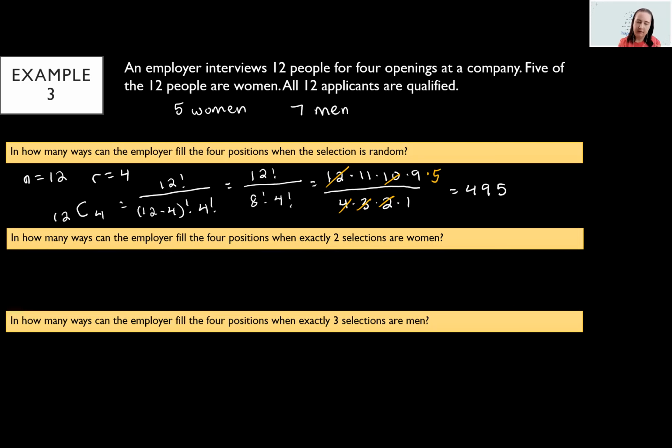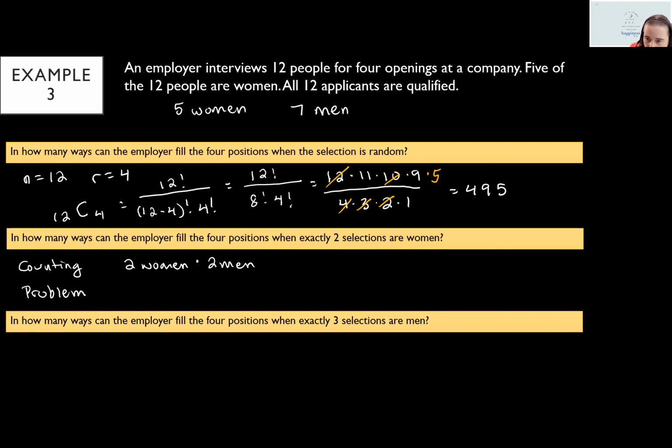So this is basically a counting problem where we're multiplying the number of ways we can pick 2 women by the number of ways we can pick 2 men, because once you've picked 2 women, the others have to be men in order to have exactly 2 that are women. So we're doing a counting problem here, where we're picking 2 women times 2 men in order to get the 4 openings.